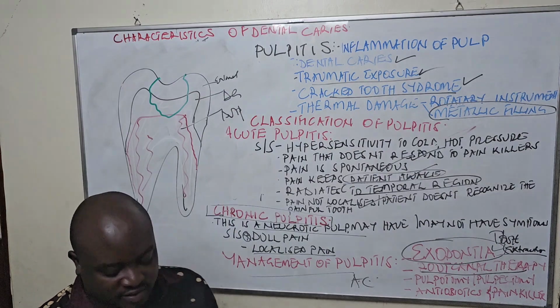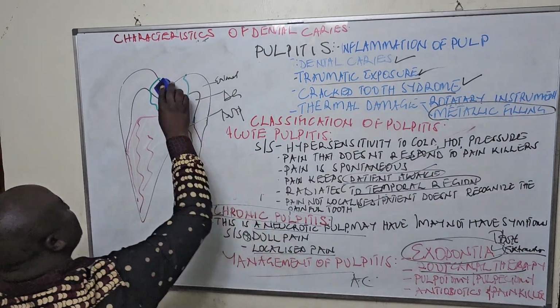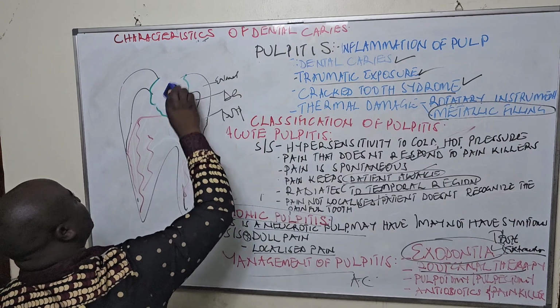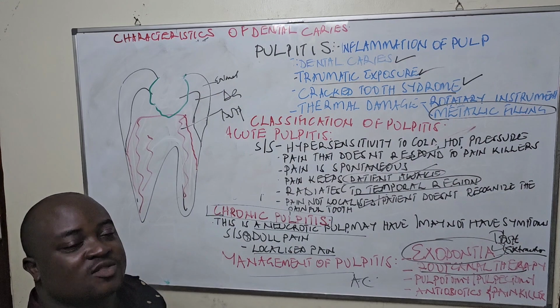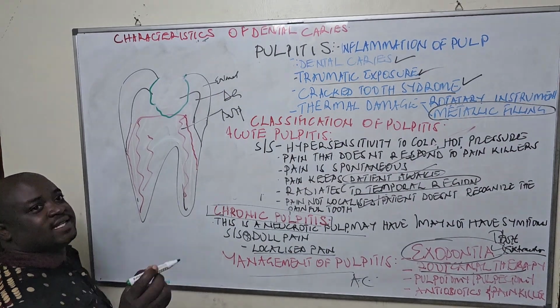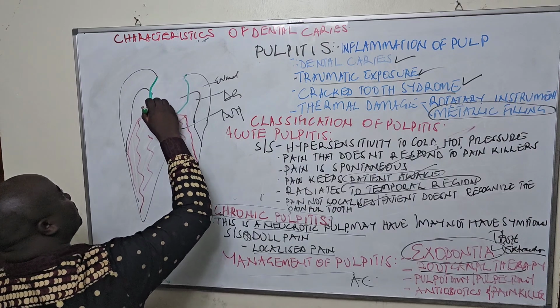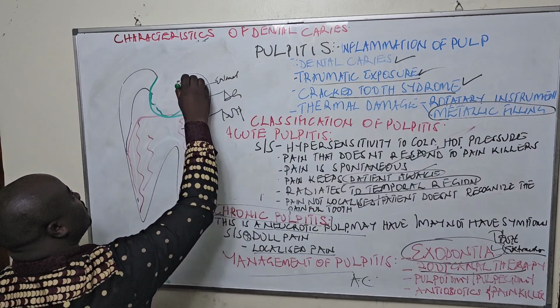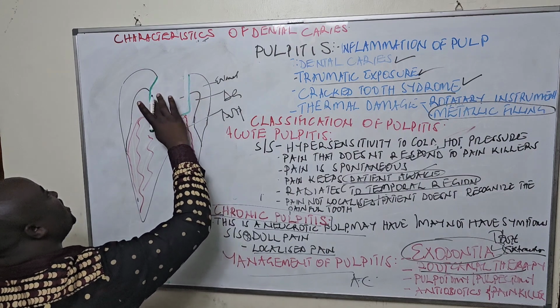So in root canal therapy, we remove the carious part using a rotary instrument. We cut this tooth to make sure we enter the pulp. We cut this part, we clean there.